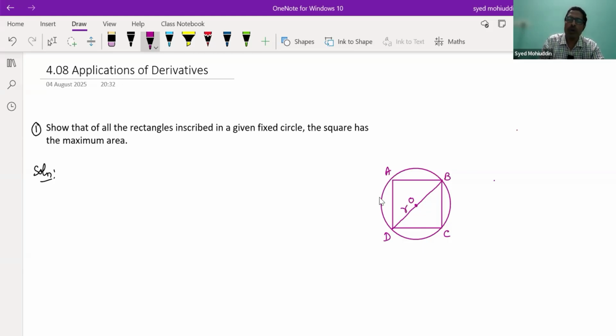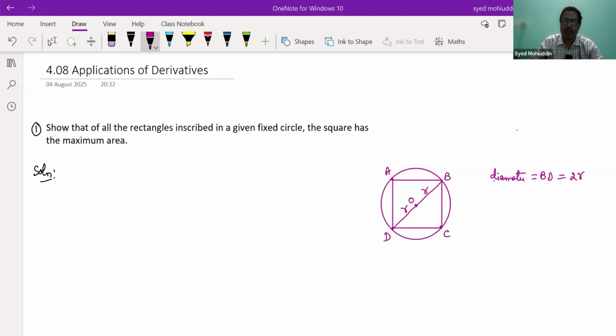From O to B also represents R, the radius. These are the 4 points A, B, C, and D on the circumference of the circle. Diameter is BD and its value will be R plus R, which gives us 2R. That will be the diameter of the given circle.